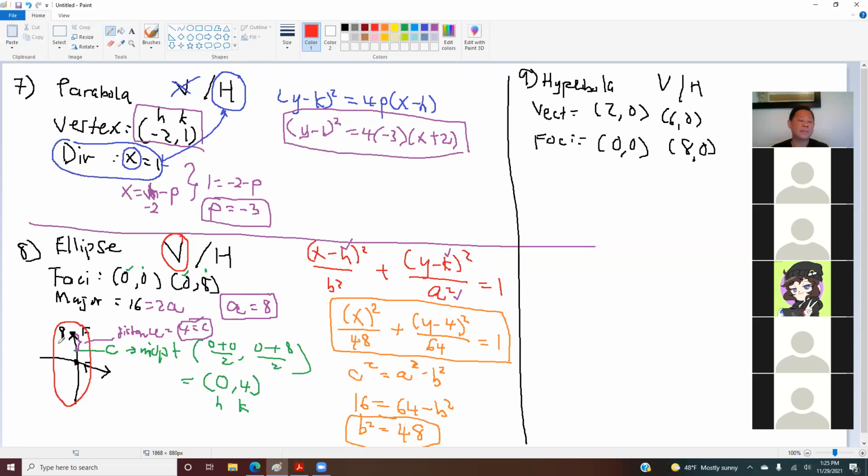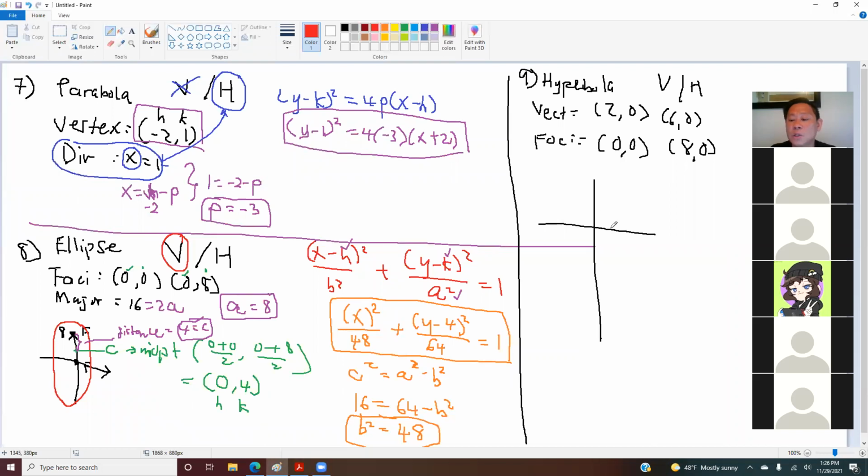If I give you an ellipse, you have to draw the picture and figure out which way they're located. If they're located on a vertical line, it's vertical. Same thing with a hyperbola: you also need to draw the picture, and figure out where your vertices and your foci are located. That will tell you whether they are on the vertical or horizontal.